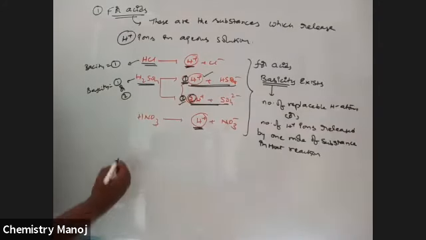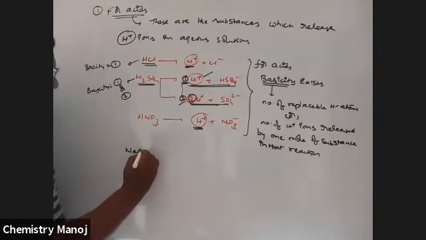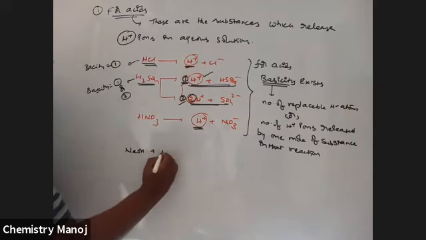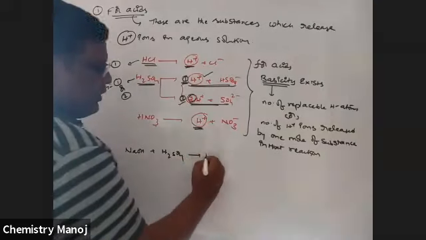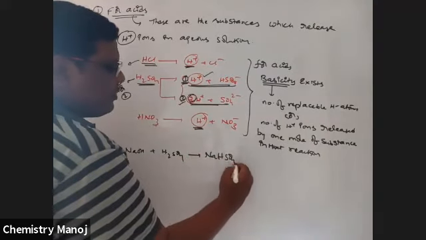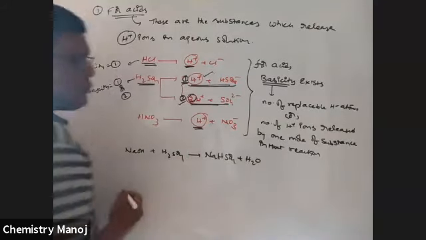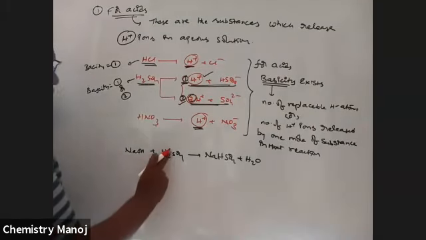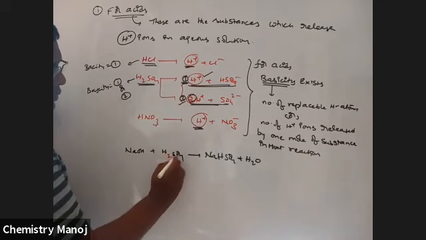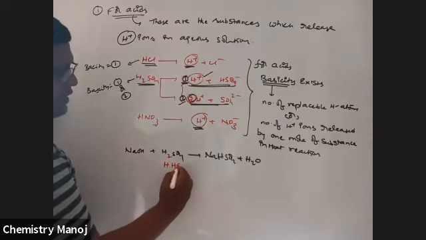So see here, NaOH is there. This is a base. This reacts with H2SO4. That gives NaHSO4 plus H2O. So H2SO4 is taken as HSO4.